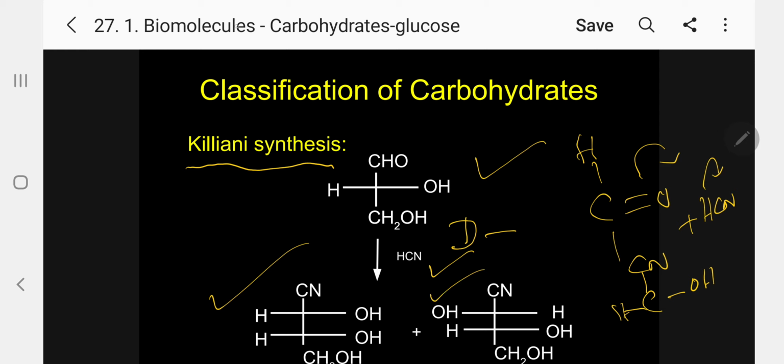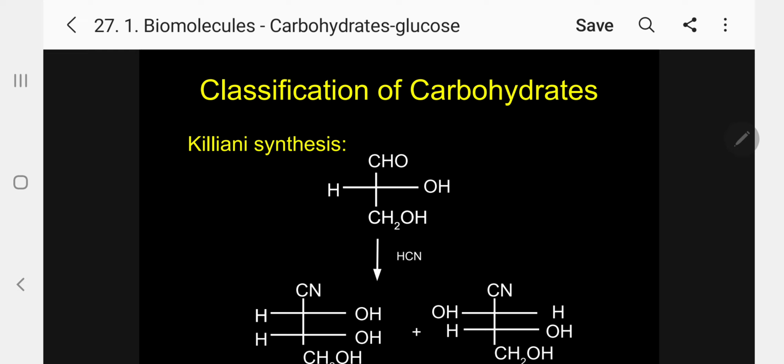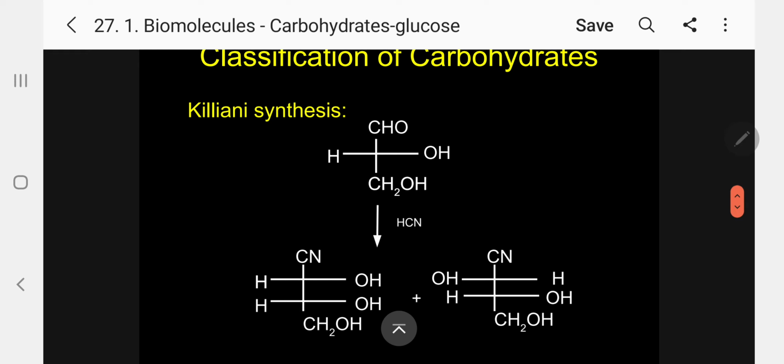Please follow. By this step, by adding hydrogen cyanide, we get the corresponding glyceraldehyde cyanohydrin. This is called glyceraldehyde cyanohydrin. Previously there was one asymmetric carbon atom lower down; now one more asymmetric carbon atom is created, with OH on the right side in one case and on the left side in the other.